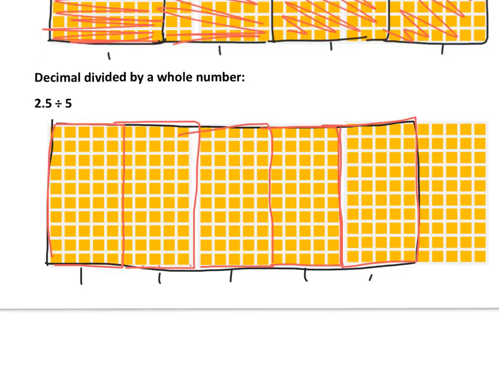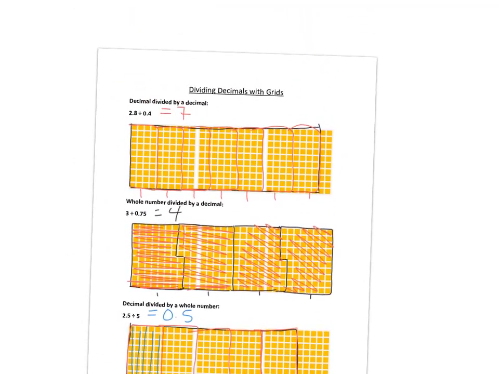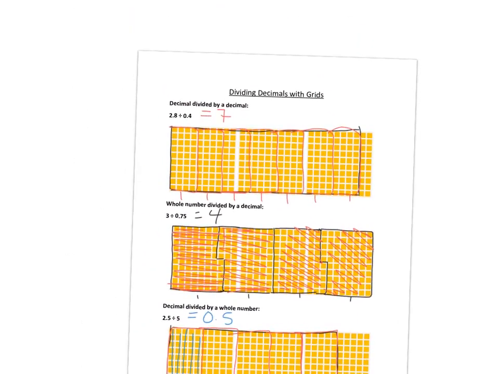And within each group, I have 1, 2, 3, 4, 5 tenths. So 2 and 5 tenths divided by 5 is going to be 5 tenths. So there you go. This is dividing decimals with grids.